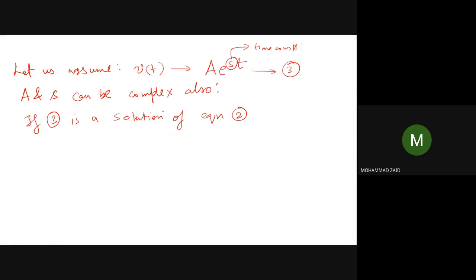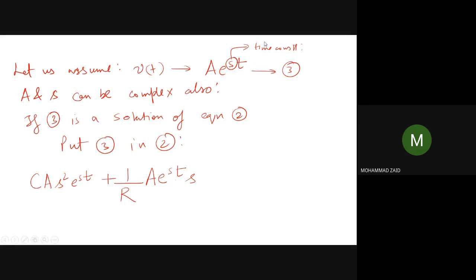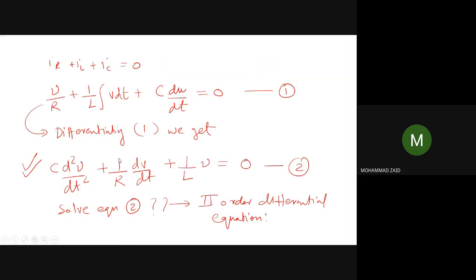Now, if 3 is a solution of equation 2, then we put 3 in 2. The equation will be C times A s squared e to the power st plus 1 by R A times e to the power st multiplied by s, because it is differentiated once.